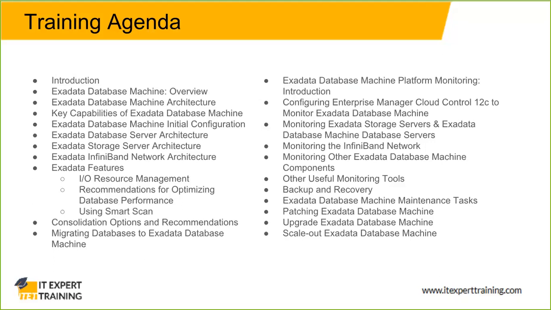In the traditional world, if you are using ASM, you can configure each disk as a failure group. Again, I will repeat, each disk as a failure group. In Exadata, each storage server is a failure group. So we're going to see how that is configured.